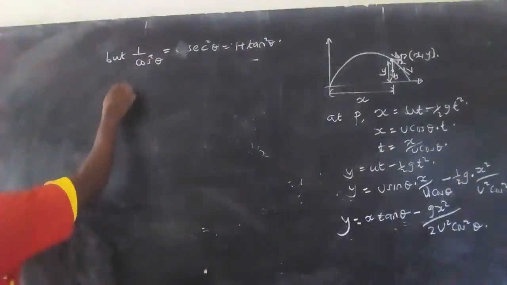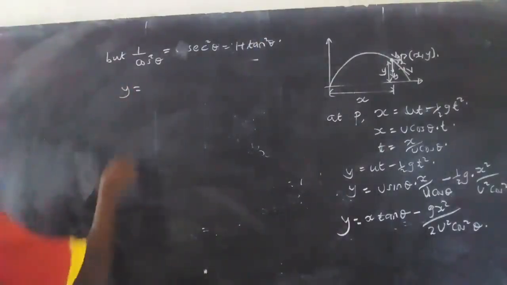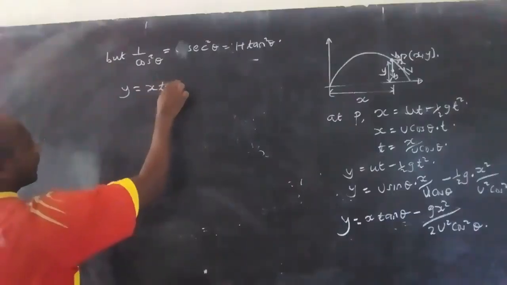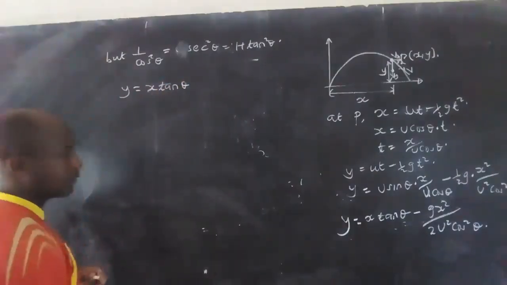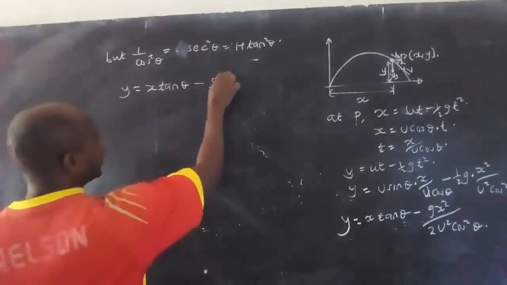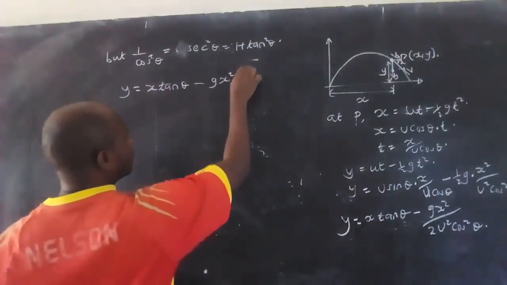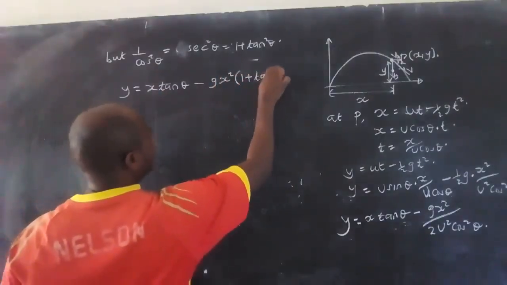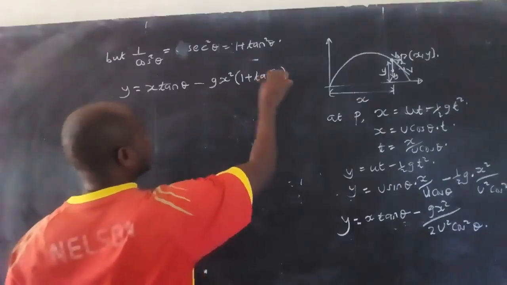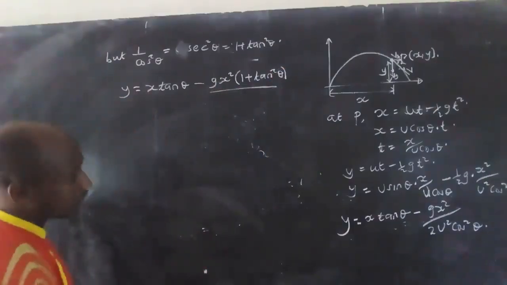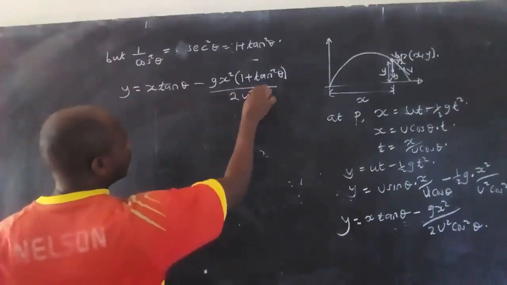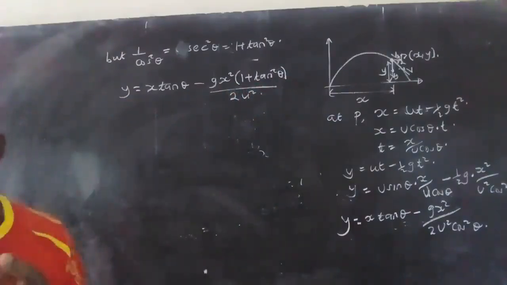So that means that our y will now become x tan theta minus g x squared into 1 plus tan squared theta divided by 2u squared. This is the equation of trajectory.